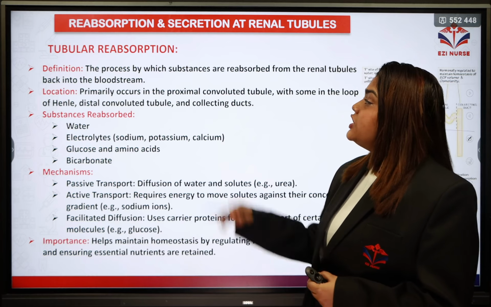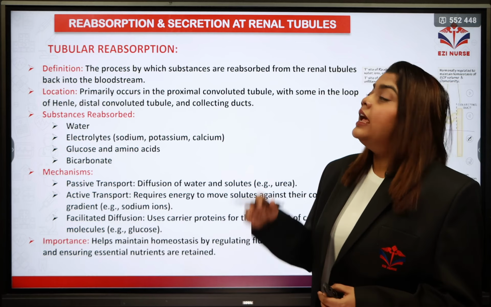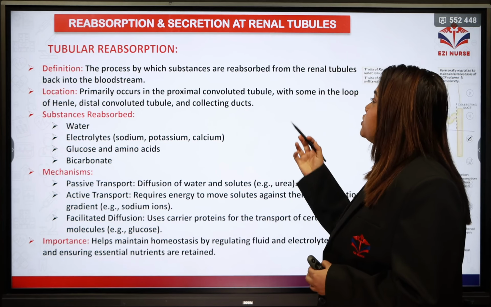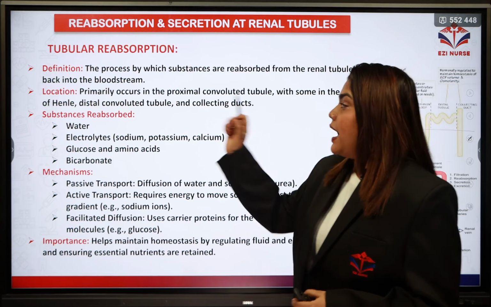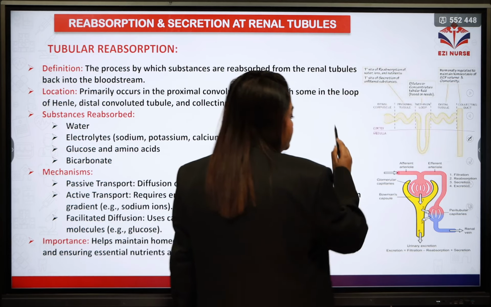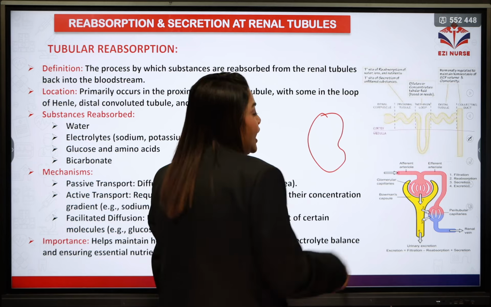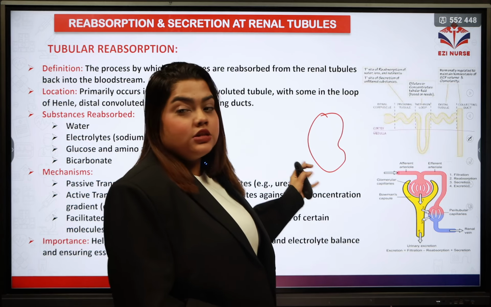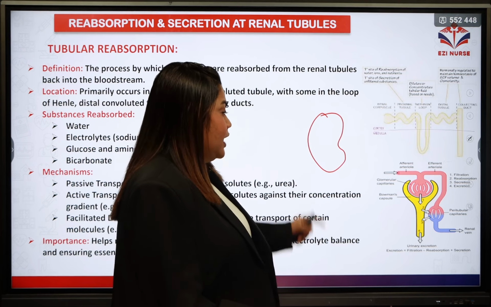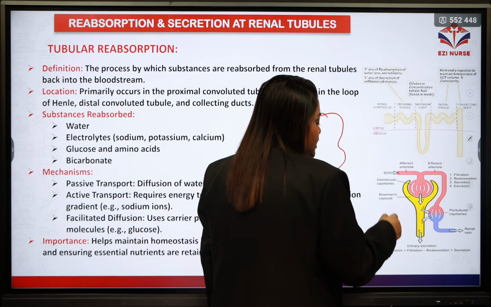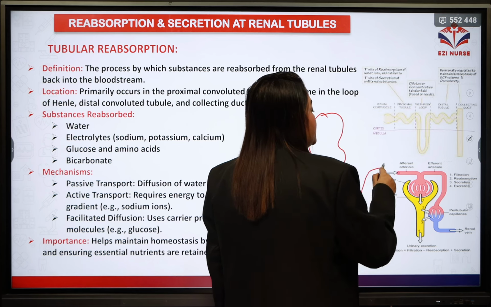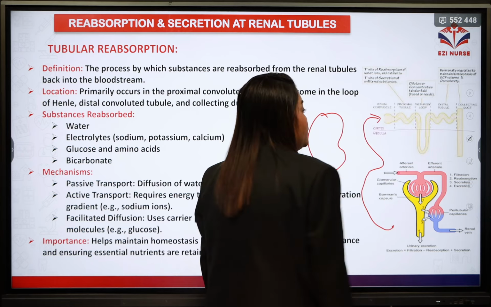So the first one is tubular absorption. What is that? The process by which substances are reabsorbed from the renal tubules back into the bloodstream. As we know, the nephron is the most important unit of the kidney. Through the Bowman's capsule, the blood is filtered and goes into the tubules.